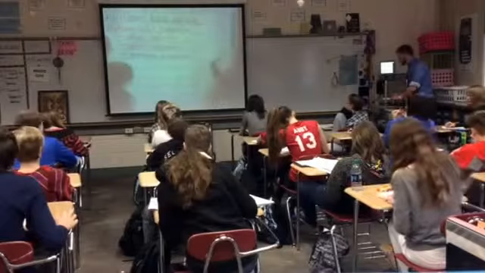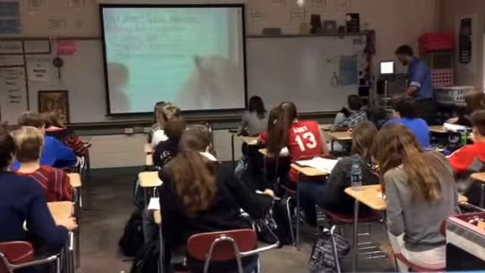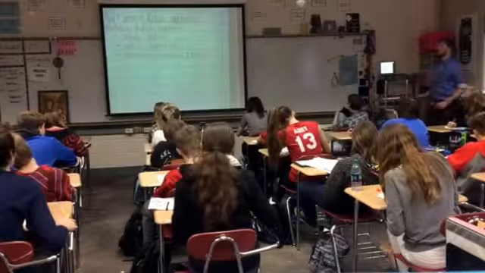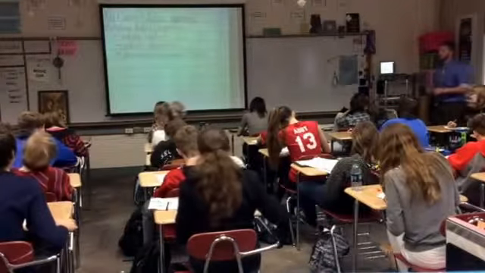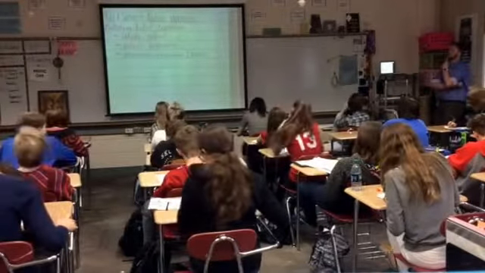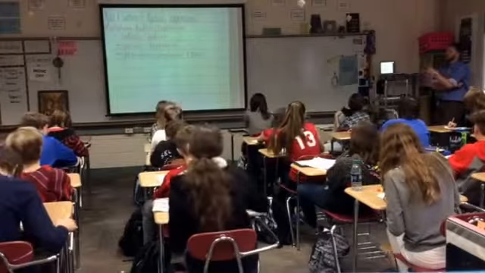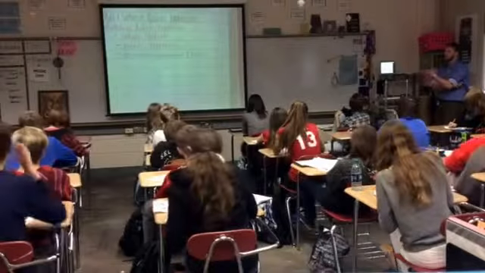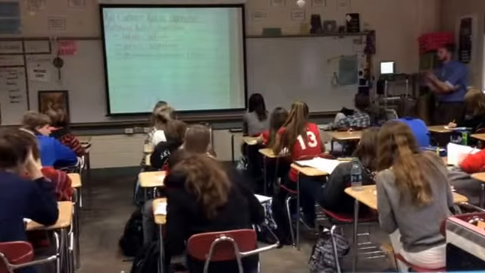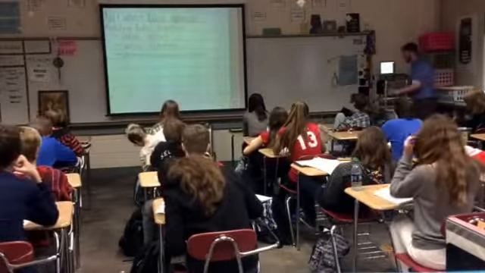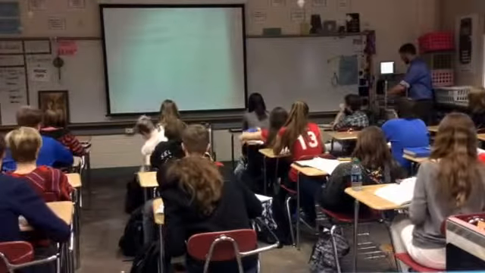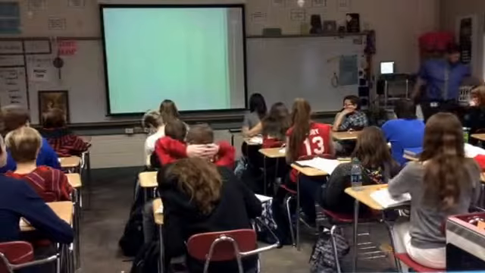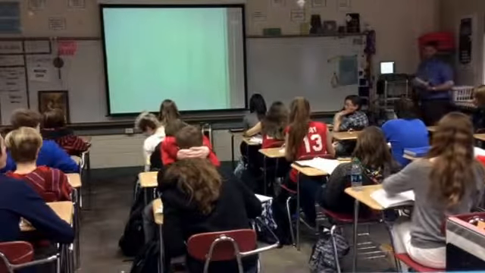Another way to think of this is FOIL. We're going to continue that today with a couple more examples, and then expressions times expressions. So flip on over to page 64, and we can start our notes for the day.